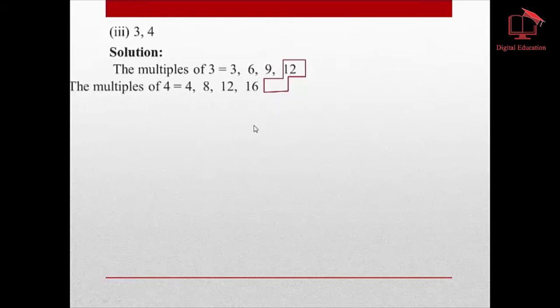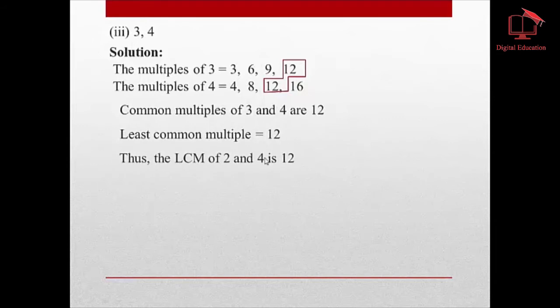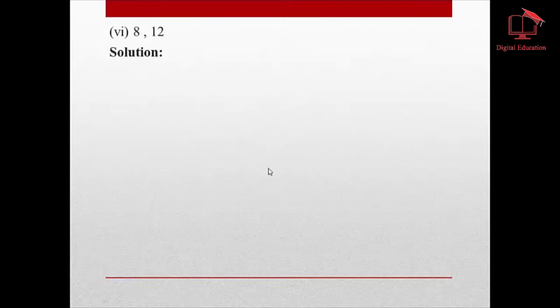The multiples of 4 are 4, 8, 12 and 16. Now students, the common multiple of 3 and 4 is 12. So the least common multiple is 12. Thus the LCM of 3 and 4 is 12.